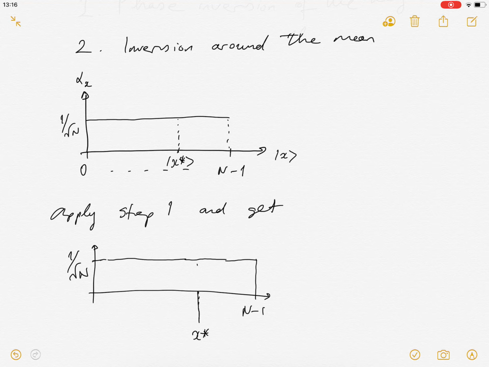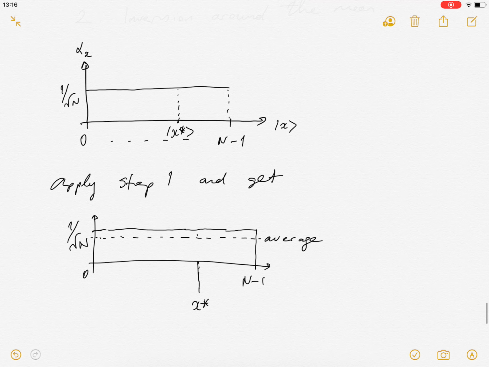Okay, but then the average, the mean value, is now dropped down just a little bit, because the amplitude of the key value is flipped, we take the negative, so the average amplitude is dropped down a little bit.